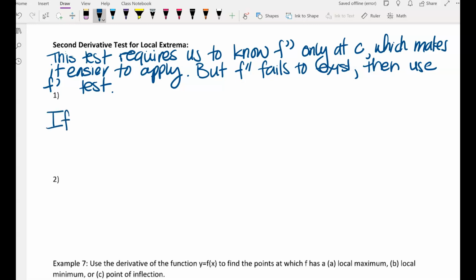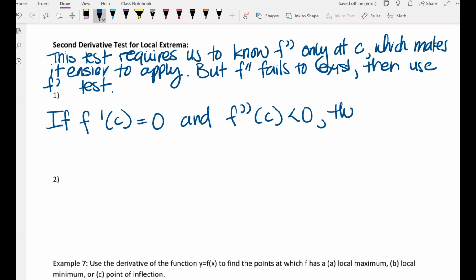If f prime of c equals 0 and f double prime at c is less than 0, then f has a local maximum at x equals c.